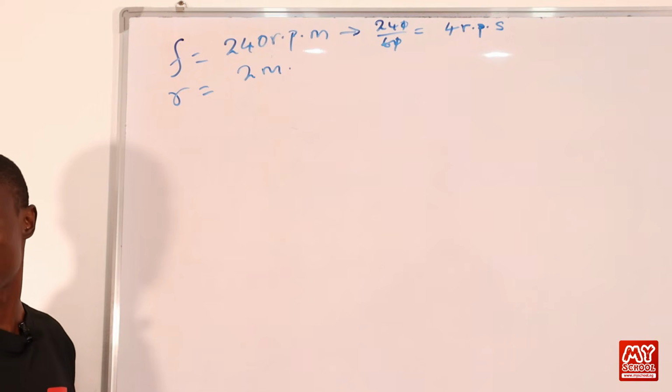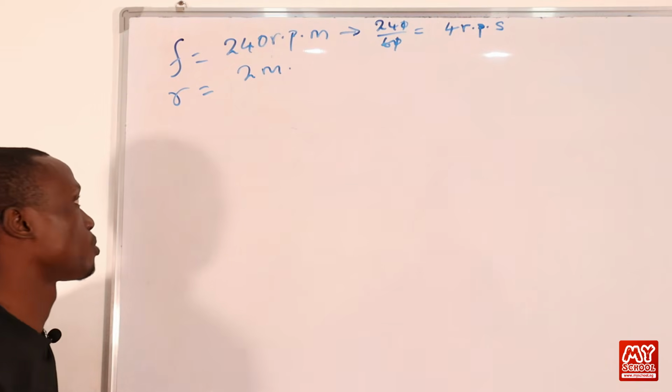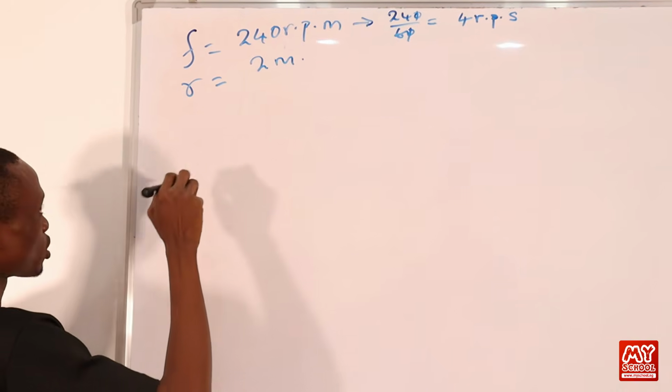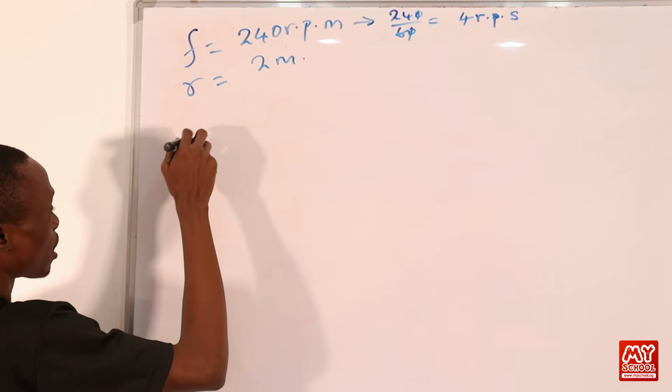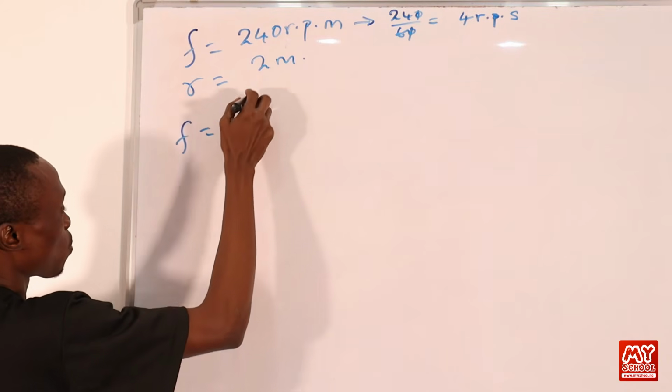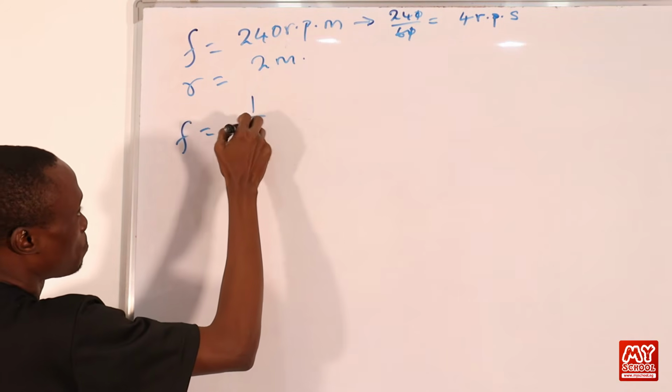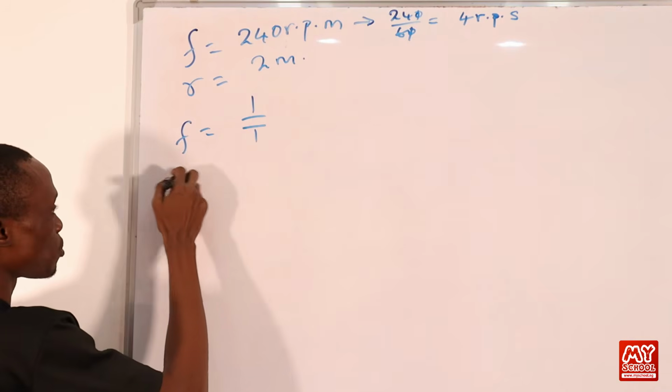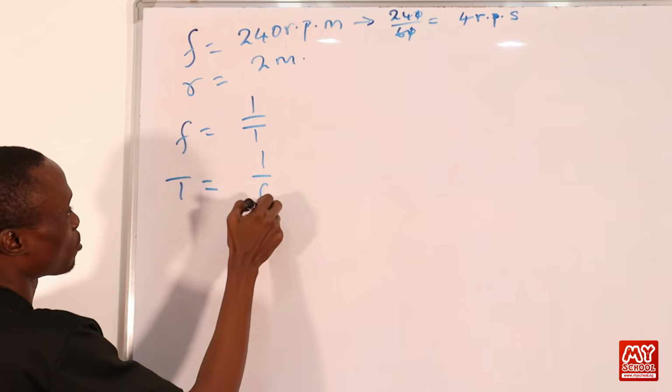So the first thing we are asked to find is its period. Remember that the relationship between period and frequency is that of inverse. We know that frequency is equal to 1 over period, so period is also 1 over frequency.